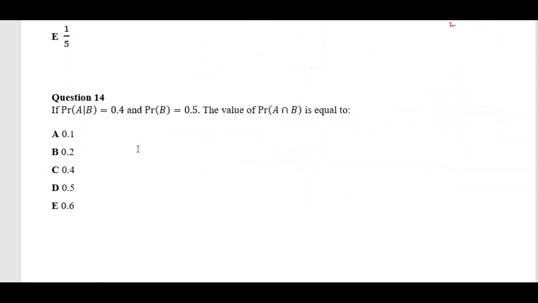All right, question 14. So here we have A given B, probability of B is 0.5, the value of A and B. Okay, so we use the conditional probability formula, which is this.